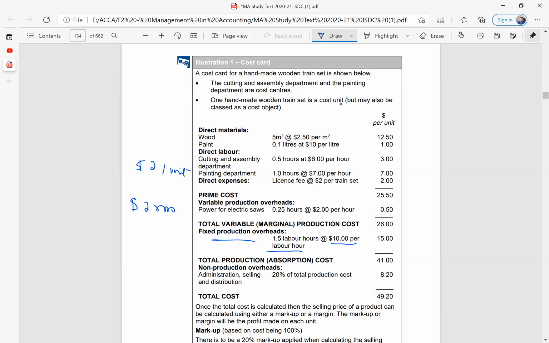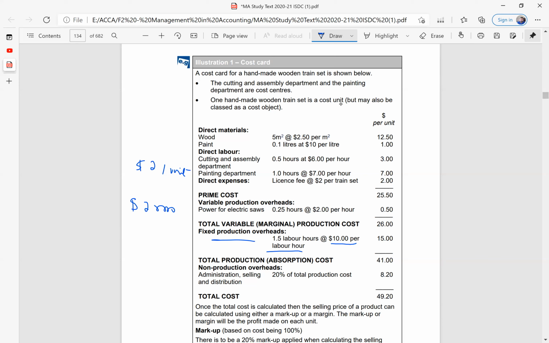If they are given per hour or per unit or per square meter, then they have been converted into a per hour or per unit or per liter basis. They originally are in total only. So over here we had to compute the cost per unit, which is why they gave you the fixed production overheads per unit.